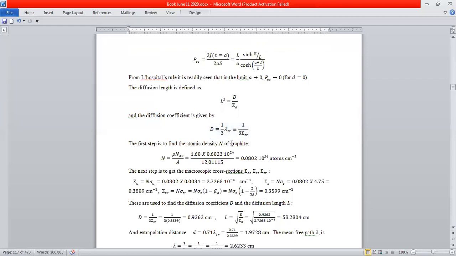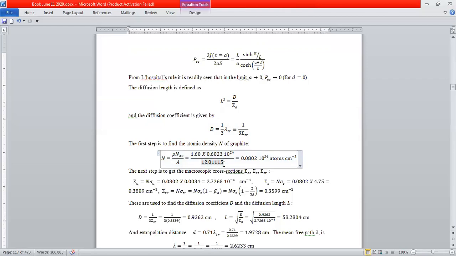So the first step, like I explained to you in lecture 1, is to find the atomic density of graphite. That's the gram density times the Avogadro's number divided by the atomic weight, atomic mass. What's the units of this? Remember, I really stressed this in the first lecture.